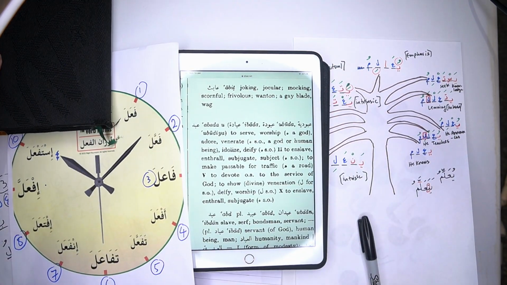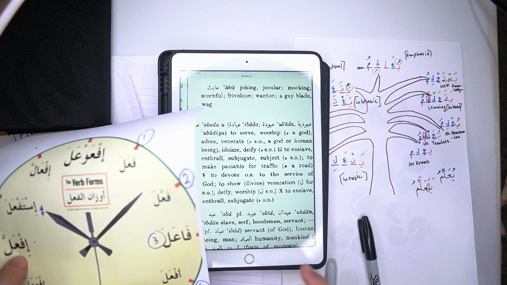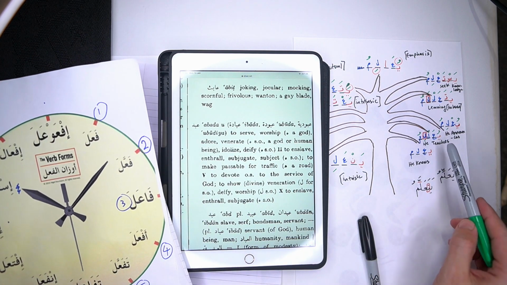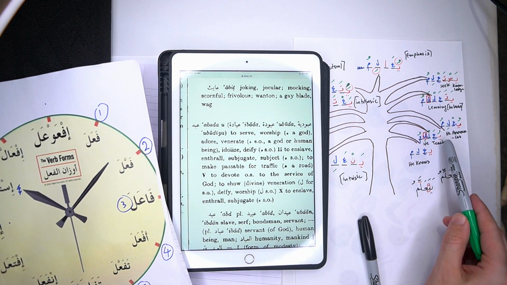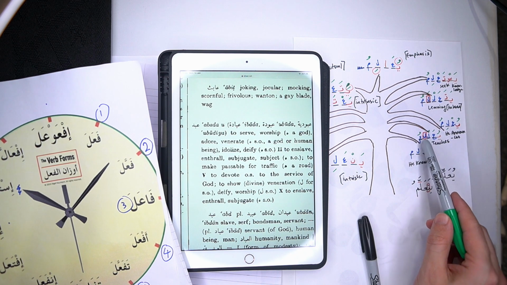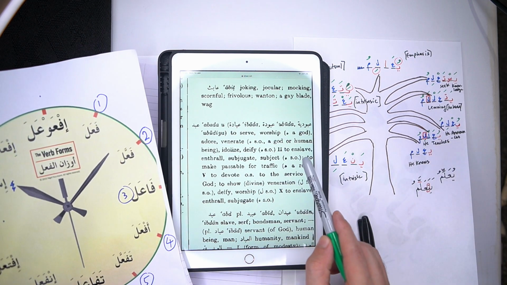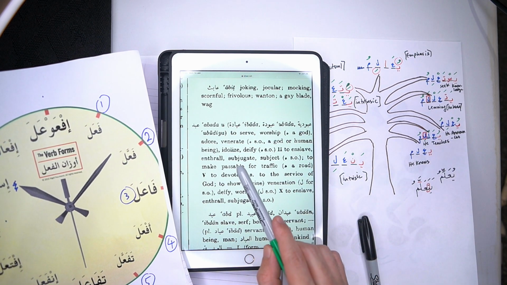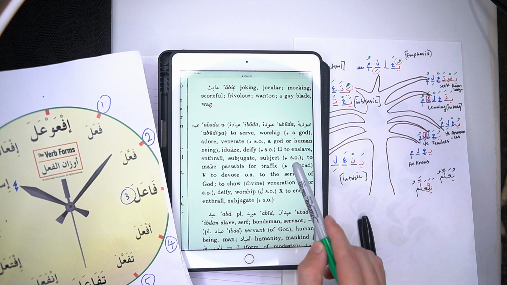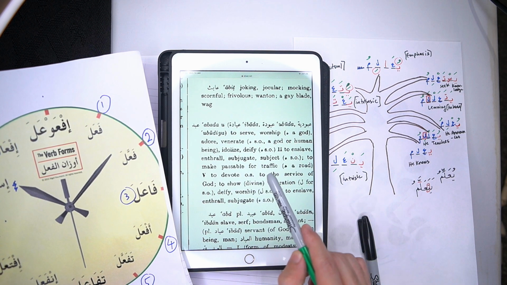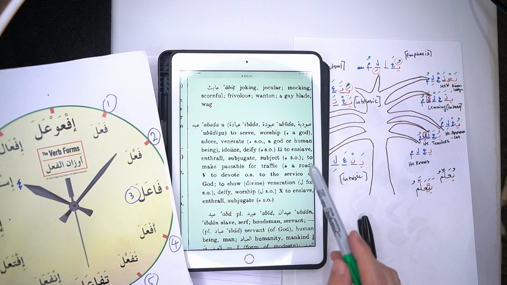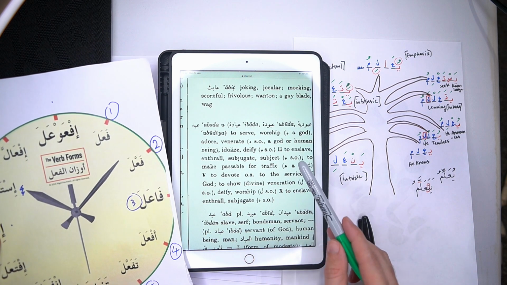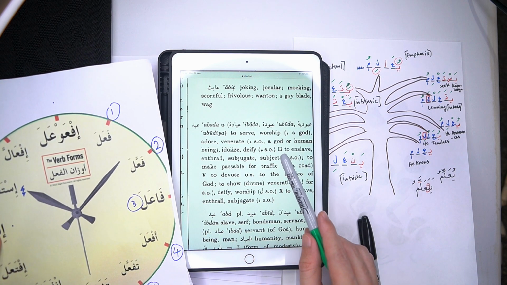Let's put this over here. So in this pattern, abada yu'abbidu means to enslave, enthrall, subjugate, subject, to make passable for traffic. So abbadahu is to make someone into slaves, if it came on that pattern.